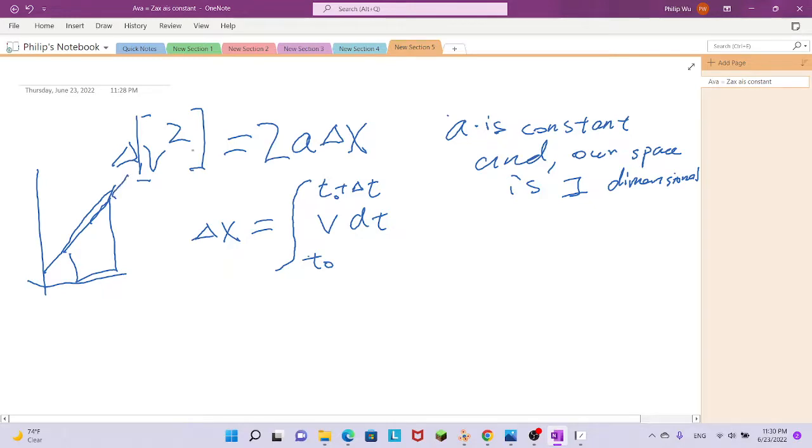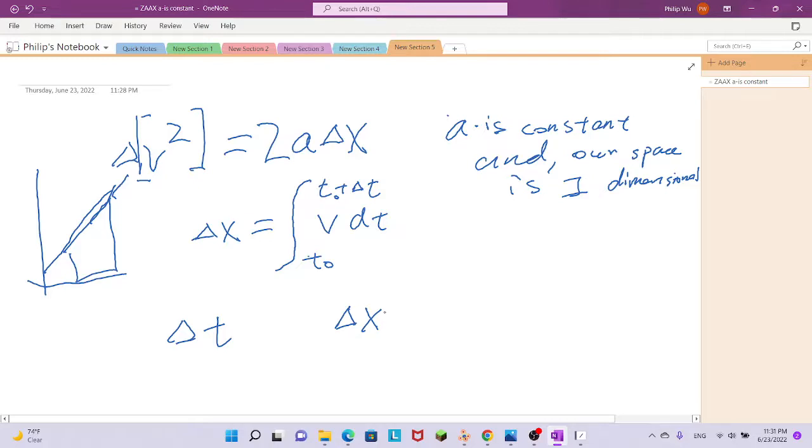For any arbitrary time interval delta t, the change of x is equal to the integral of velocity over this time interval, starting at an arbitrary initial time.